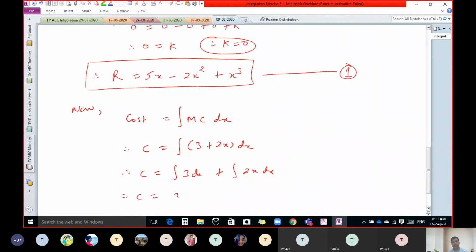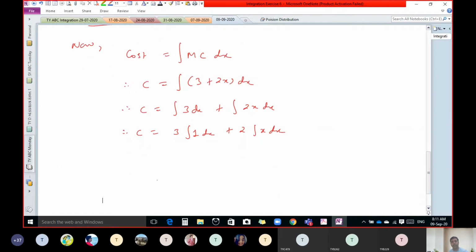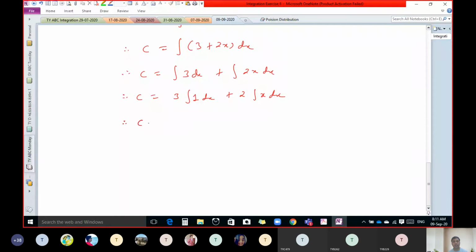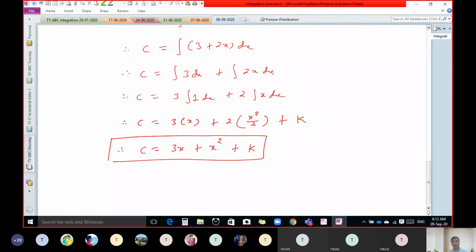You can take the constant outside, so integration of 1, taking 2 outside, integration of x. Integration of 1 is x, and integration of x, where the power is 1, is x square by 2, plus constant. So C equals 3x, and if we cancel this, we get x square plus K. So this is the cost function, but we don't know K.